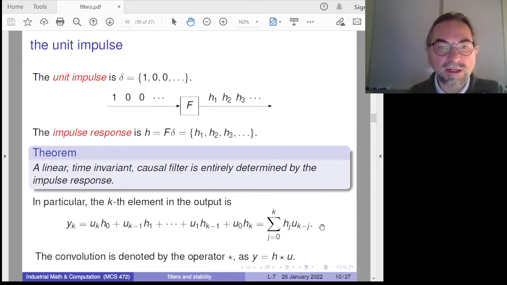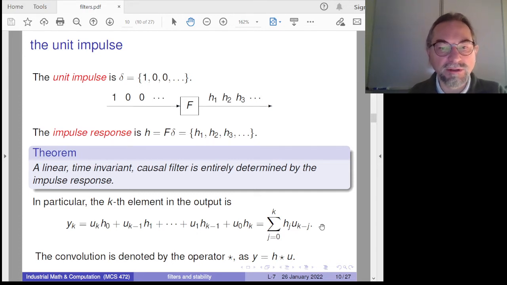If the filter then returns h1, h2, h3, we call this the impulse response, and we write it as the letter h, also as f followed by the delta. Delta is our symbol for the unit impulse, the little delta.